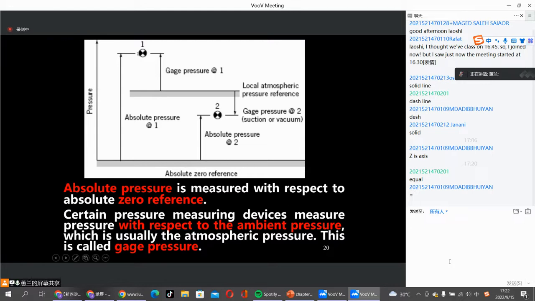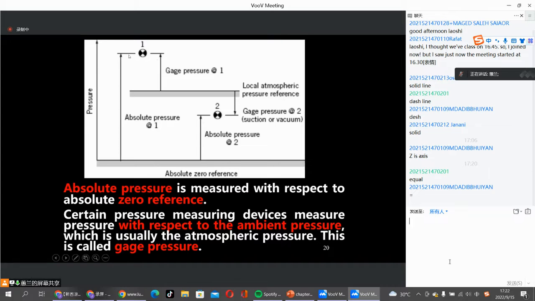But if I measure the pressure at point two with respect to the local atmospheric pressure reference, we call it the gauge pressure. It's a relative pressure, the pressure relative to the local atmospheric pressure reference.